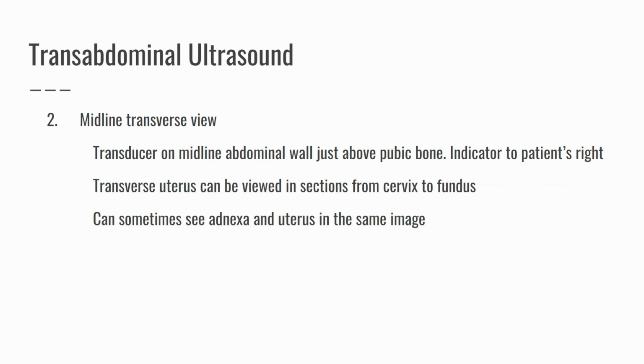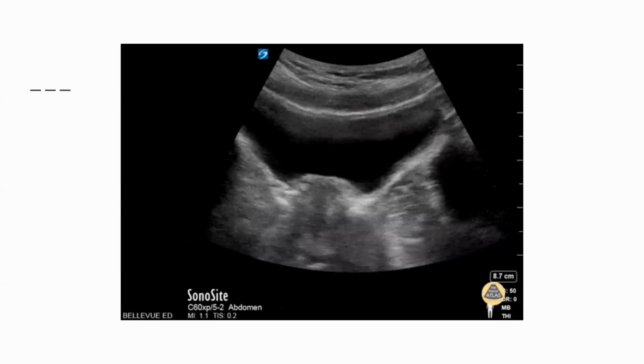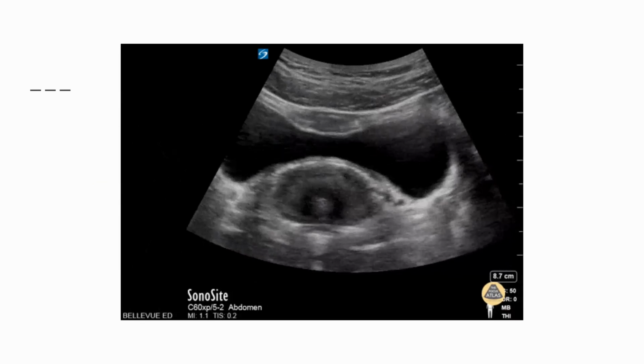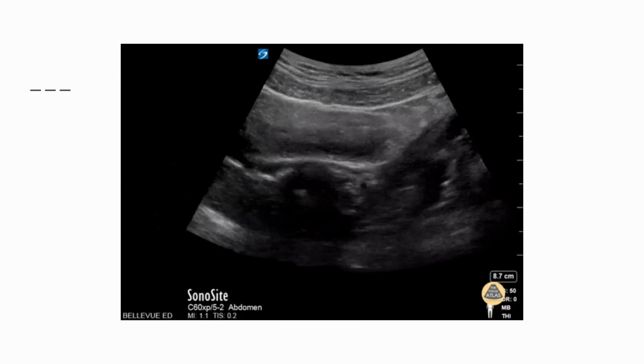Sometimes if you tilt your probe one way or the other, you can see the adnexa and the uterus in the same image, although this does depend on supportive anatomy, and a full bladder definitely helps. And so this is your transverse midline view.